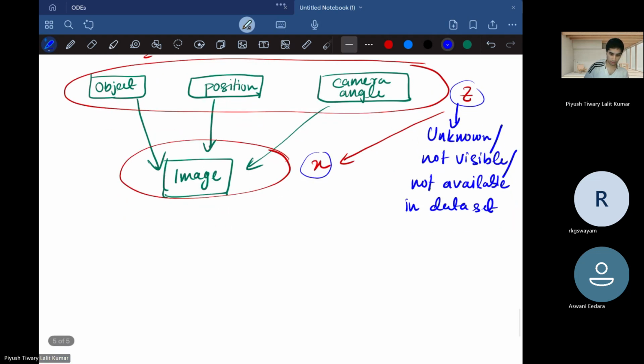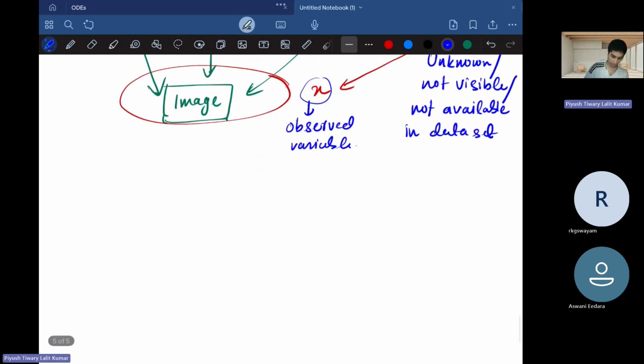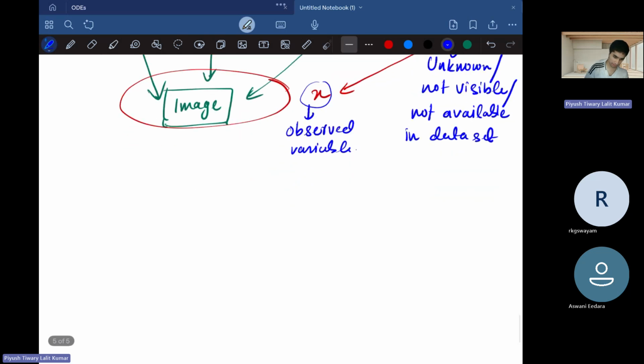And this is your observed variable, X, which is present in the data set. In such cases, Z is often called a latent or hidden variable.